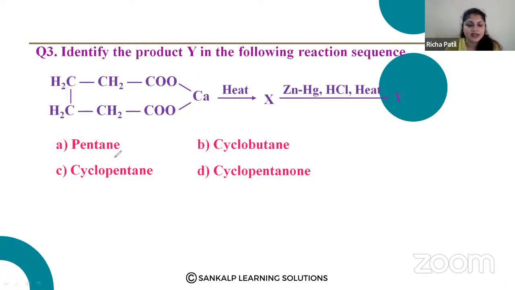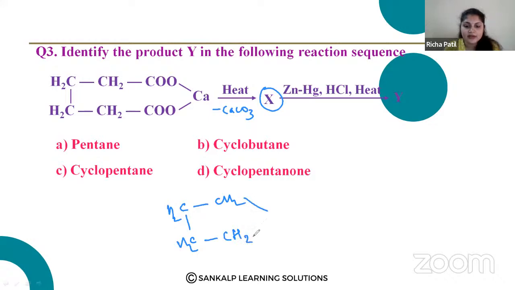So this is a reaction. You heat it, and what is released is calcium carbonate. What is X here? X is your CH2, CH2, and then CO, right? Calcium carbonate, CaCO3.